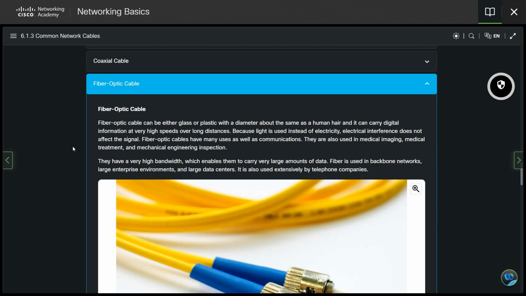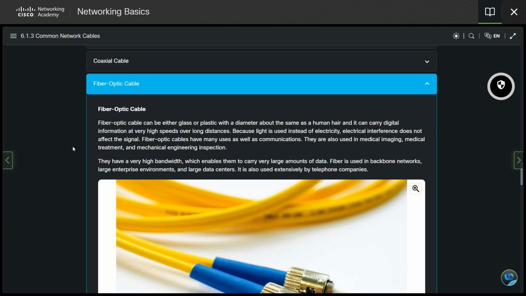And the last is fiber optic cable. Fiber optic cable can be either glass or plastic with a diameter about the same as a human hair, and it can carry digital information at very high speed over long distances. Because light is used instead of electricity, electrical interference does not affect the signal. Fiber optic cables have many uses besides communication.